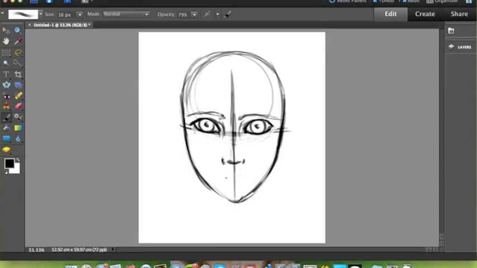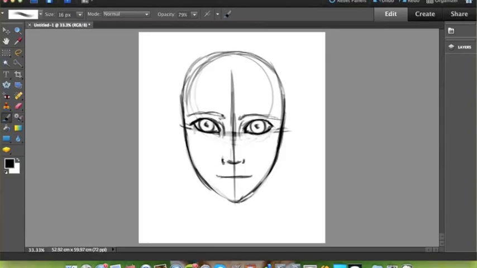Okay, and then your lips come just above the halfway point between your chin and your nose. Let's give her a slight smile. And then you've got your chin. No, it's a bit weird. About there. Okay, let's move that up a bit.